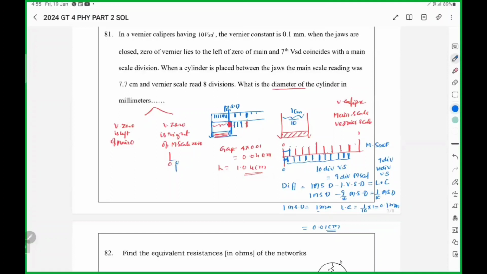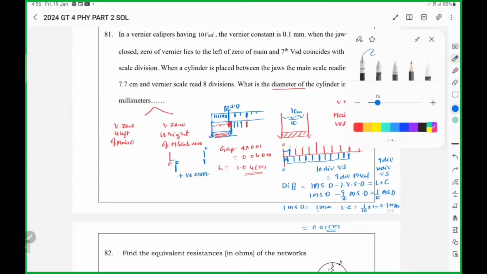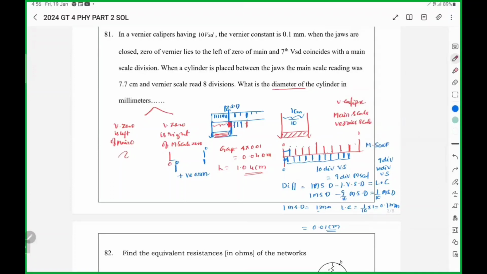Sometimes the coincidence will not be there; these are instrumental errors. If vernier 0 is on the right side of main, we say positive error. When vernier 0 is on the left side of main scale 0, this is negative error.